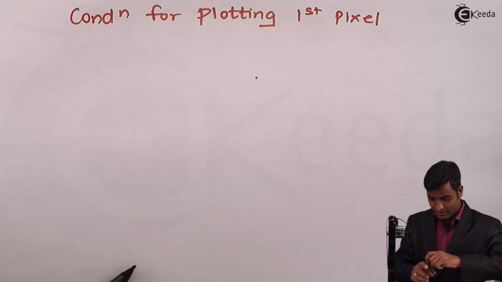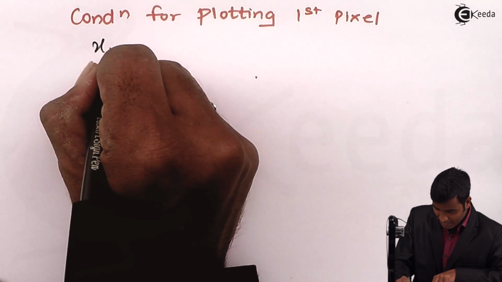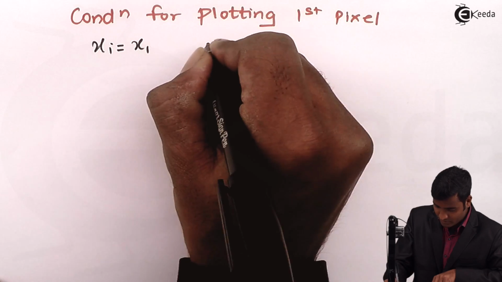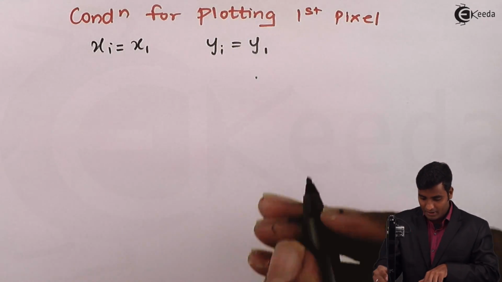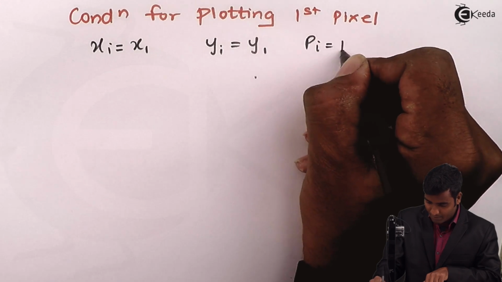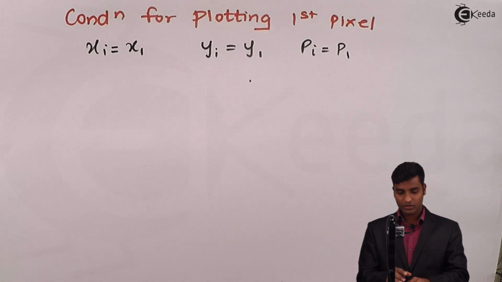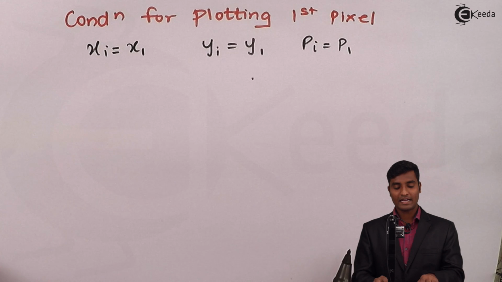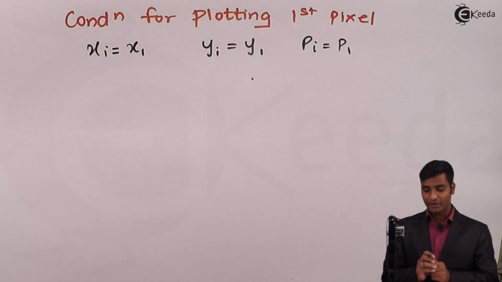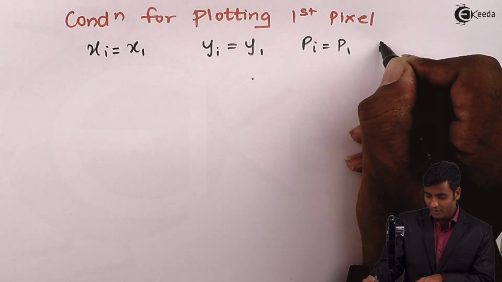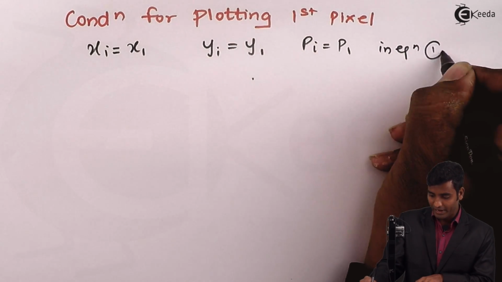So I will replace xi as x1, yi as y1 and pi as p1. So these equations, xi equal to x1, yi equal to y1 and pi equal to p1, I will replace in equation 1.